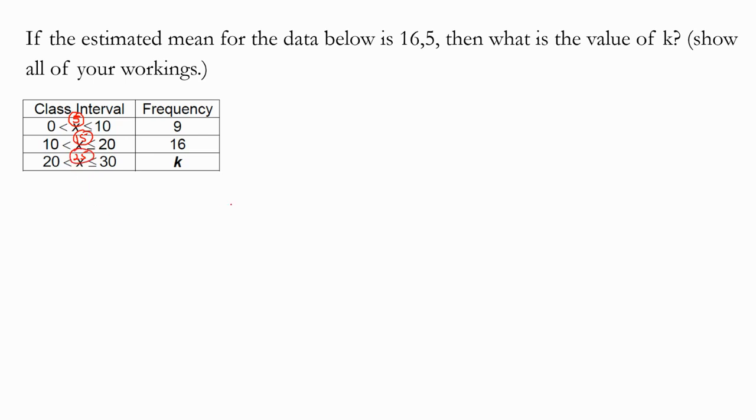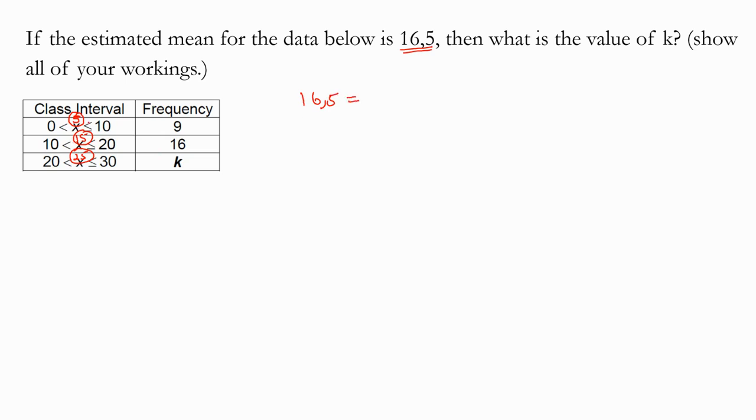And then remember, how do we find the mean? We find the sum of the data items divided by the number of data items. And we are given the mean here. So we're saying that the mean, which is 16,5, is equal to the sum of the data items.